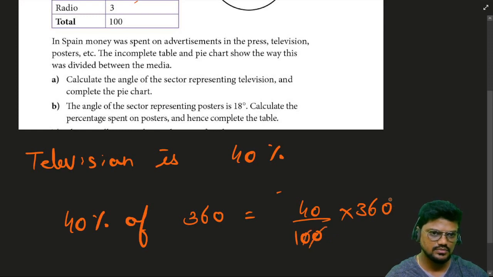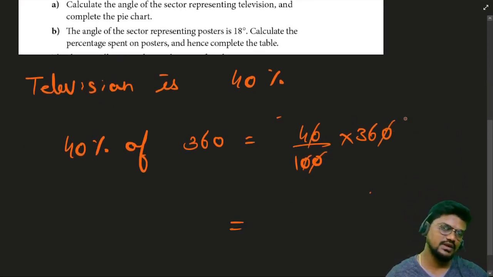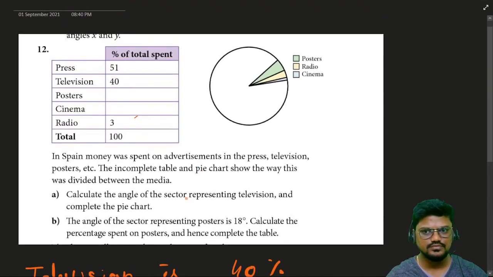That gives you 4 into 36, which is 144 degrees.